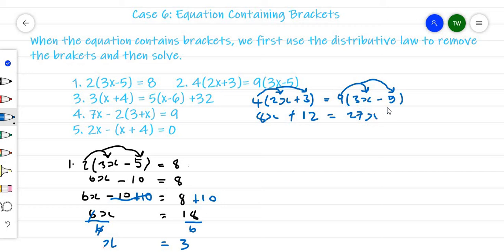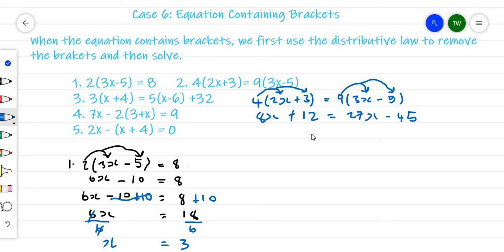And 9 times minus 5, that's going to give us minus 45. Now, what we're going to do is to group the like terms. So we're going to group the x's on one side of the equation, and we're going to group the constants on one side of the equation.